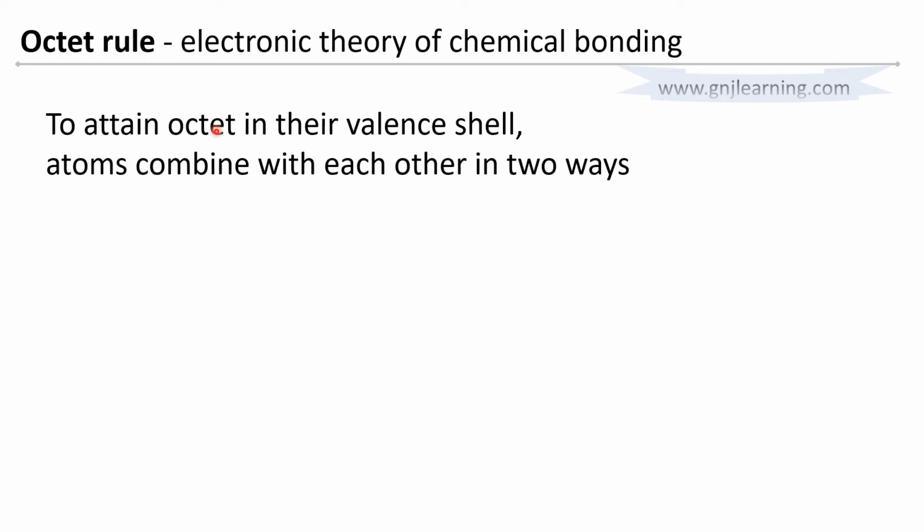It is an overall summary of the approach. To attain an octet in their valence shell, atoms combine with each other in two ways.